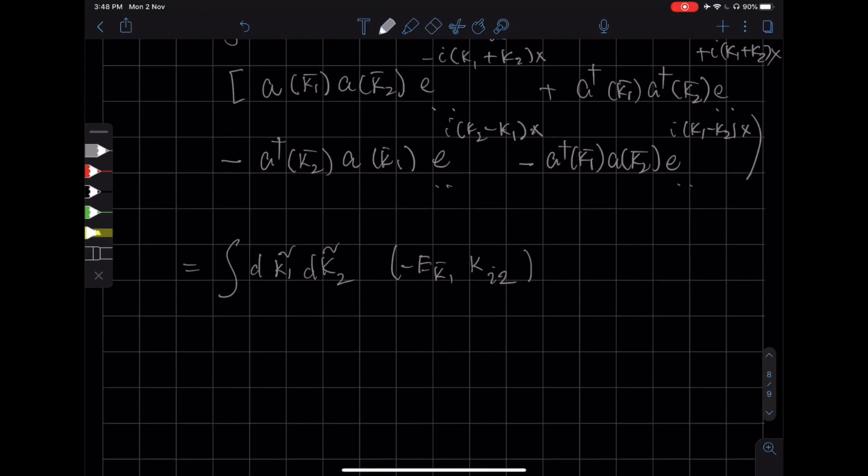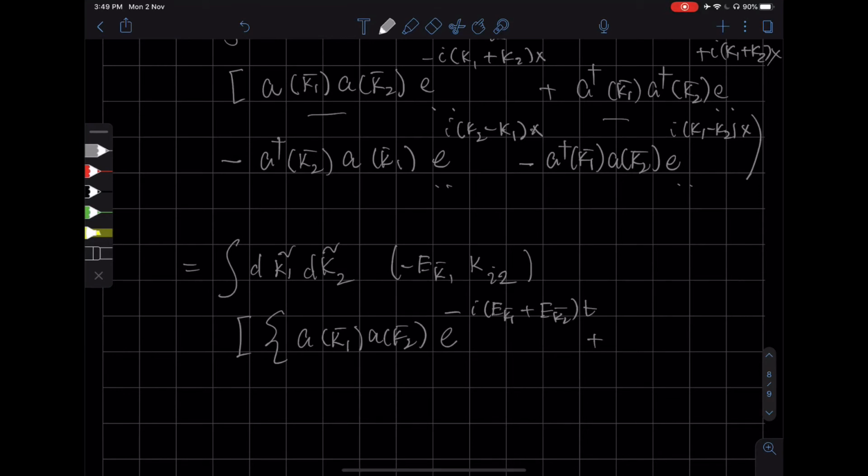and then from the first two terms we are going to get the same kind of delta function. So let me just separate out the first two terms. So we have a of k1, a of k2, and the integral is over the 3 dimensions. So we're going to have a leftover of the energy part in the exponential. We're going to have I of e of k1 plus e of k2 times t.